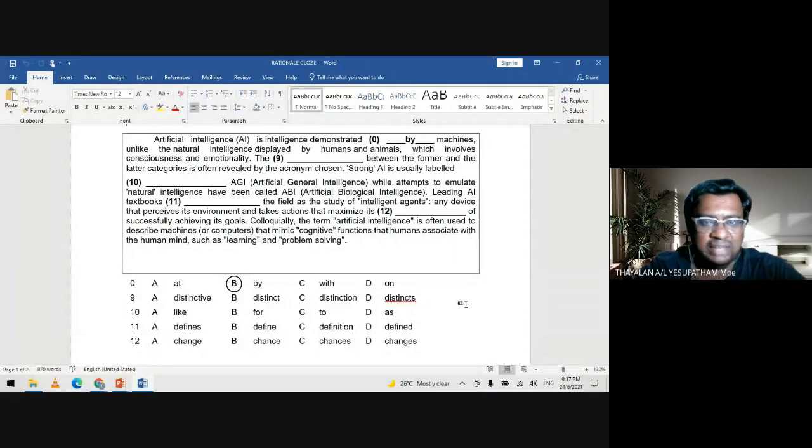This is not an easy answer. So the correct term is chances. Okay, that maximize its chances of successfully achieving its goals. Colloquially, the term artificial intelligence is often used to describe machines or computers that mimic cognitive functions that humans associate with the human mind, such as learning and problem solving.